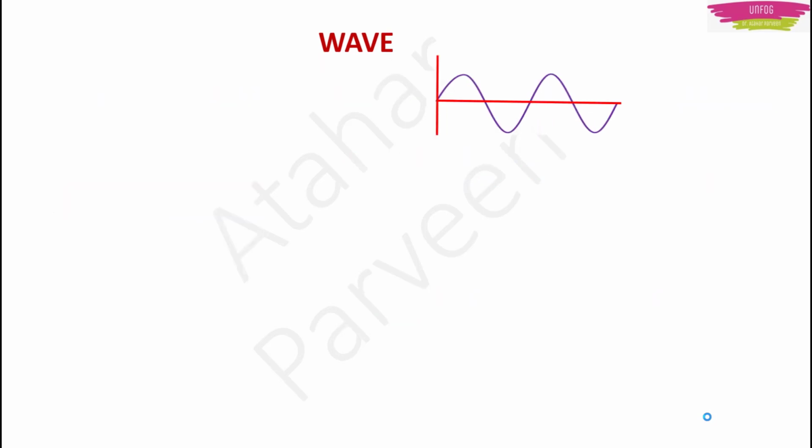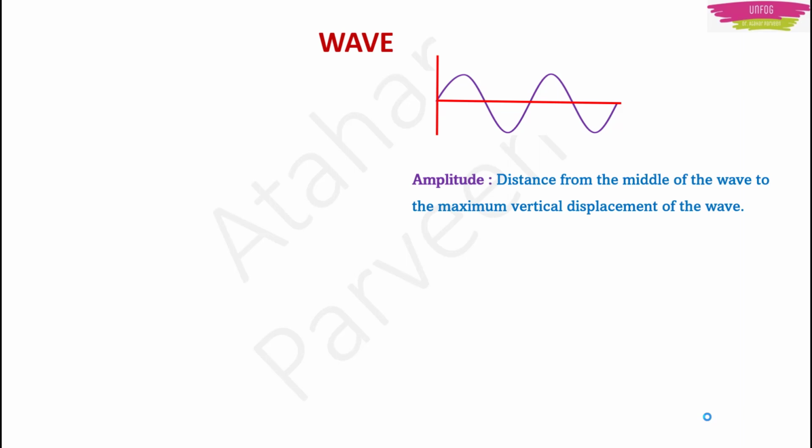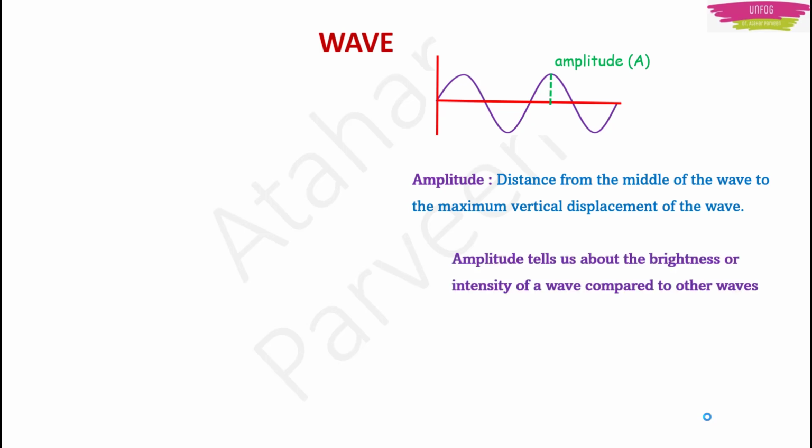Now, consider a wave. In this wave, you have certain distance on the x-axis, right? And certain distance on the y-axis. Now, the distance from the middle of this wave, that is from the x-axis, to the maximum vertical displacement on the y-axis is known as amplitude. You can see here, this is amplitude. This amplitude is also very important when you talk about a wave, because it tells you about the brightness or intensity of a wave when you compare it to other waves.